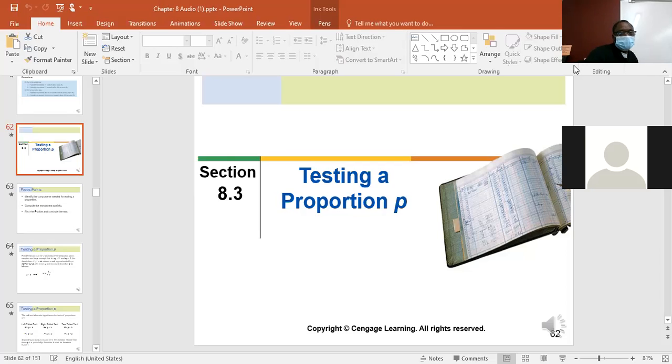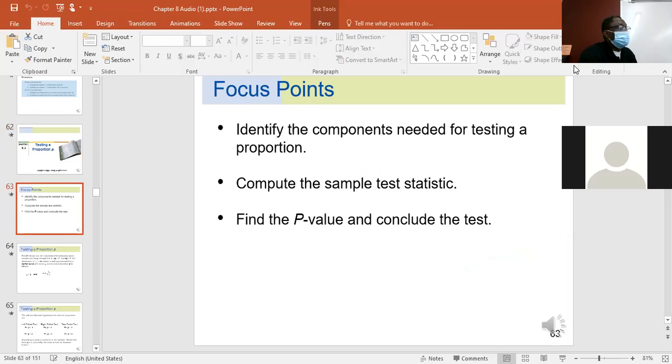So for proportion, we use the z-test for proportion, provided the same conditions: np is greater than or equal to 5, nq is greater than or equal to 5.